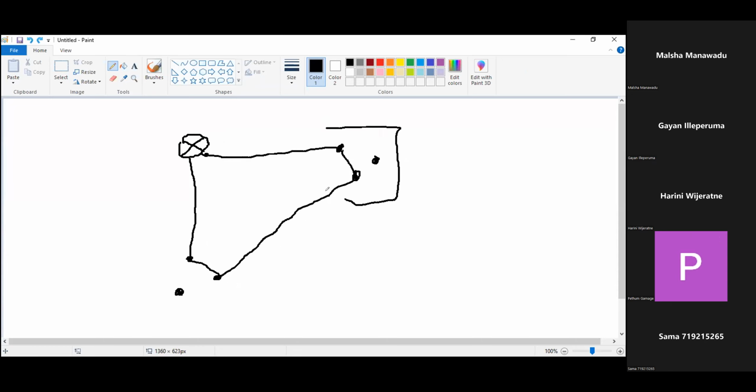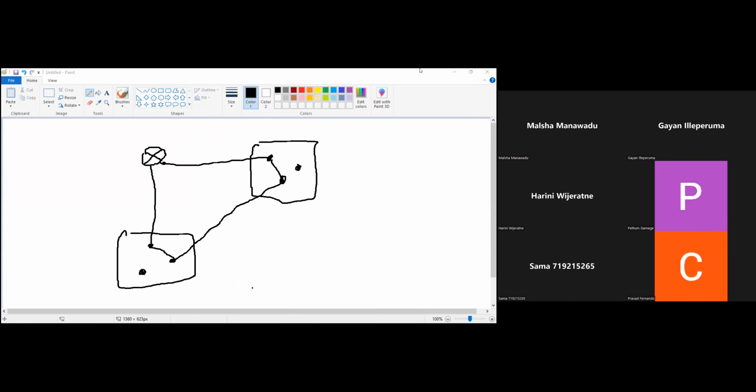Is it the first one or the second one? We'll say that we can use standard symbols, right?